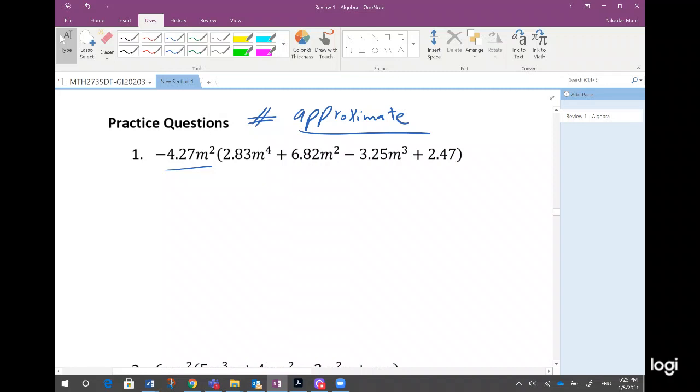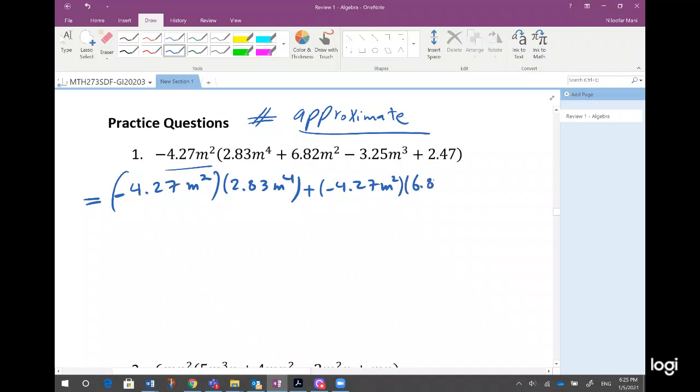So do I have to talk about rounding right now? No, the first thing I do is just multiplication. So it's minus 4.27 m squared multiplied by 2.83 m power 4, plus minus 4.27 m squared multiplied by 6.82 m squared.